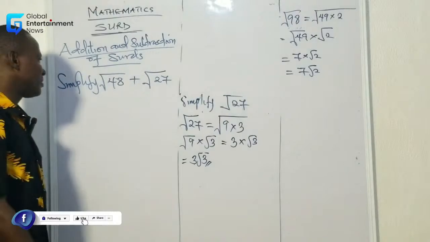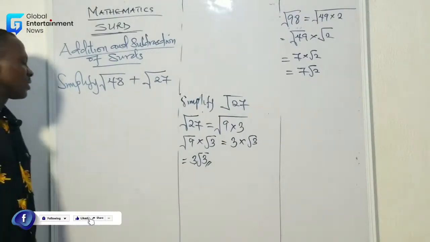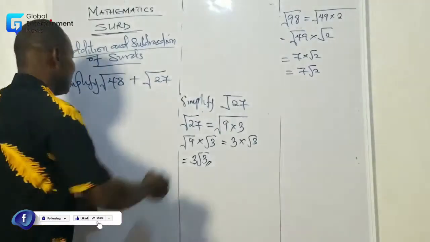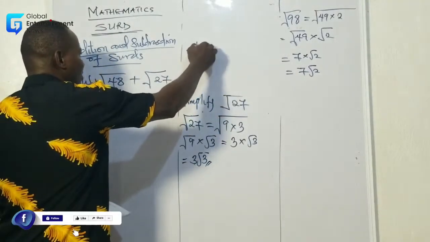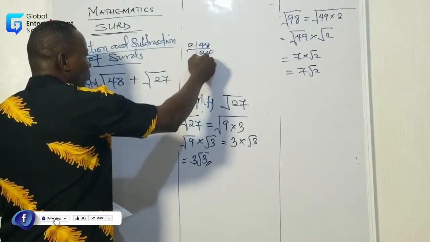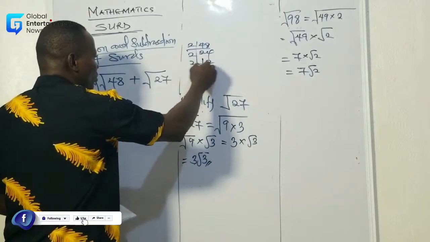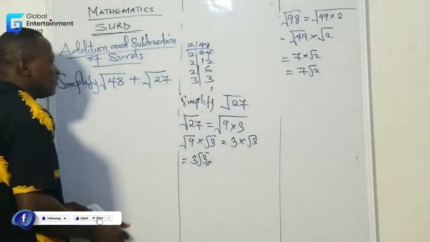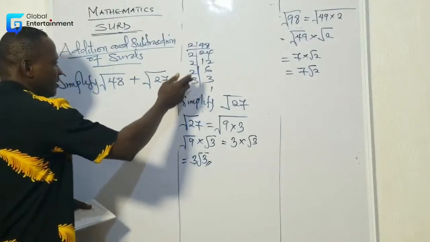Now let's break this down. Let's find the square root of 48. Root 48 will give me 24, 2, 12, 2, 6, 2, 3, 3, 1. So what do we have? You are going to see that we have an irrational number here.